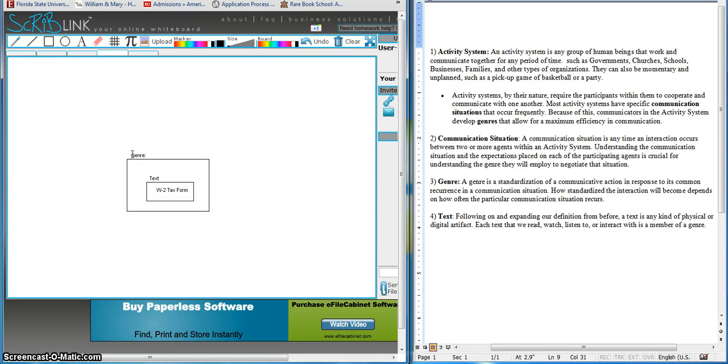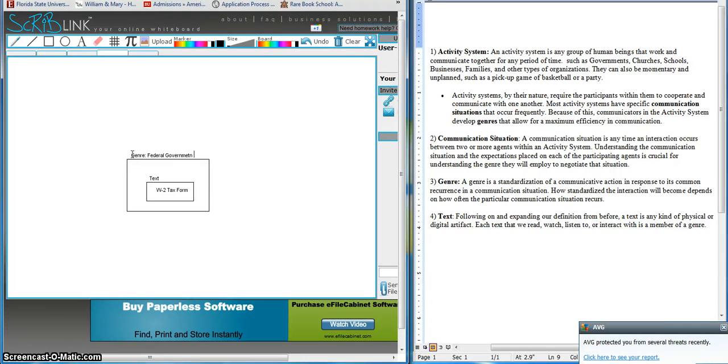Or really, maybe we could even say the genre of federal government tax forms. Because other forms of government, local government, state government, have different tax forms, and so really it's federal government tax forms.